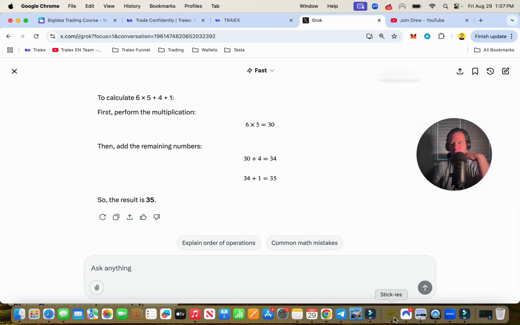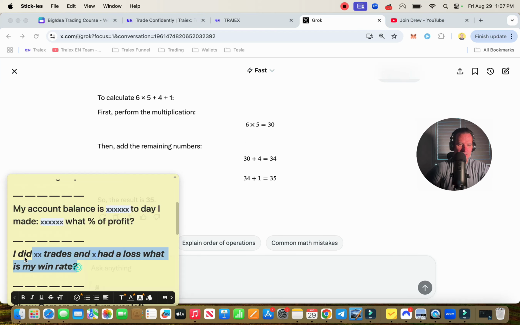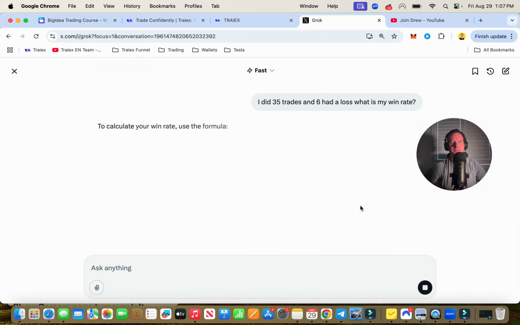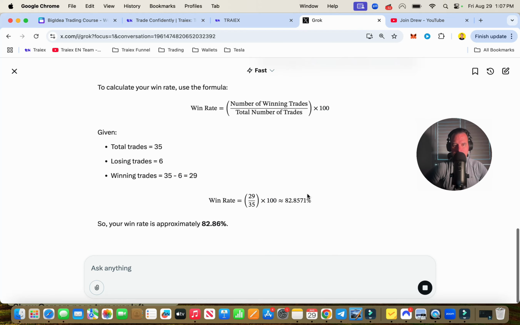So 35, which is not that bad. That's pretty good. Did a lot of trading. Didn't have too many losses, only 6 out of the 35 trades. So 35, and this number here is 6, and this is going to give us our win rate, which should be 80-something, yeah, 82.86%.